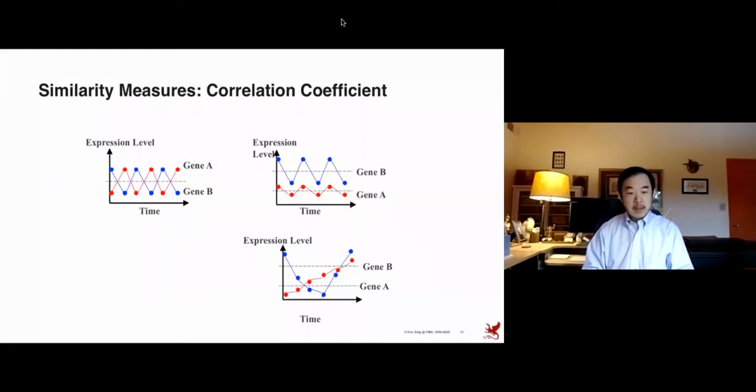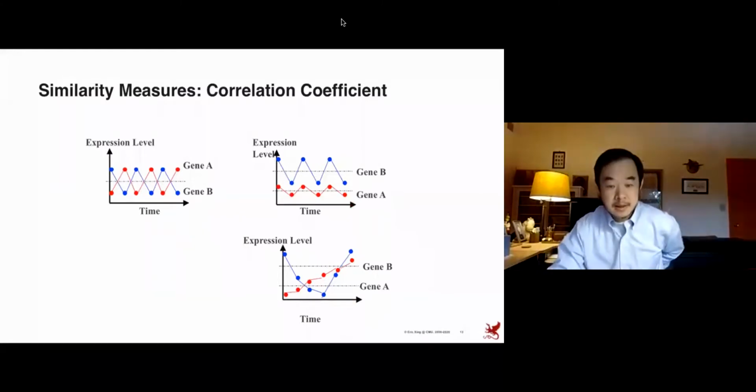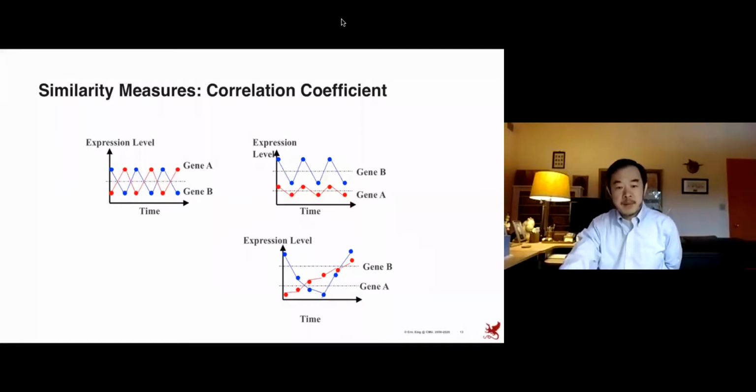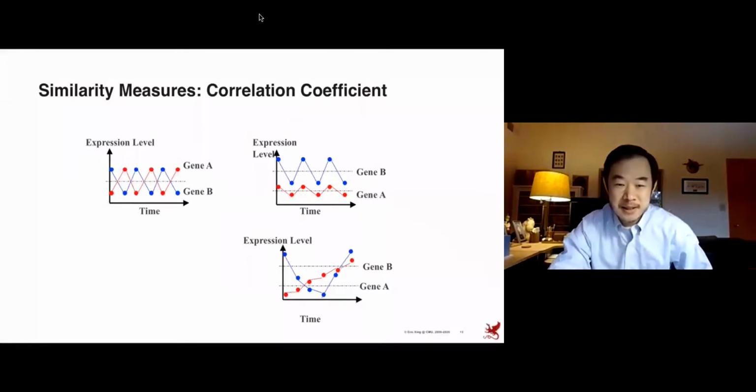Now I want to ask, which pair of genes, or in which cases do you feel they are most dissimilar among these 3 possible scenarios? Let me open the chat.